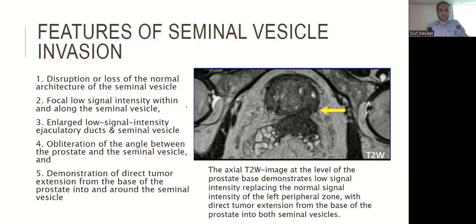So the signs are disruption or loss of the normal architecture of the seminal vesicle, focal low signal intensity within and along the seminal vesicle, enlarged low signal intensity ejaculatory ducts and seminal vesicle, obliteration of the angle between the prostate and seminal vesicle, and demonstration of direct tumor extension from the base of the prostate into and around the seminal vesicle.